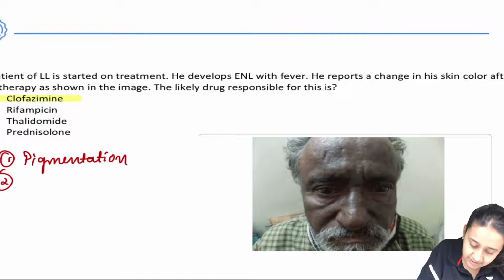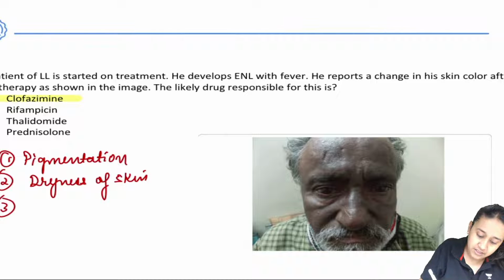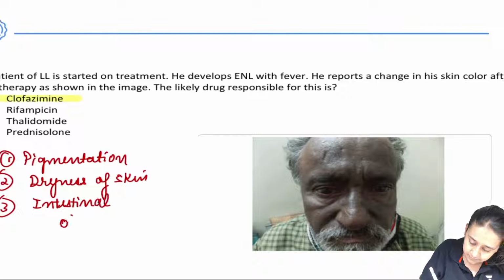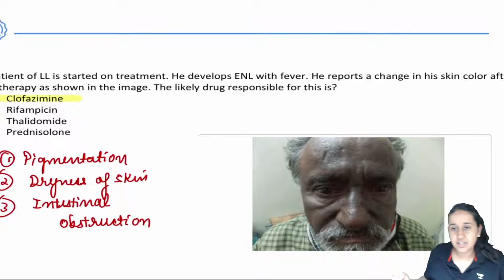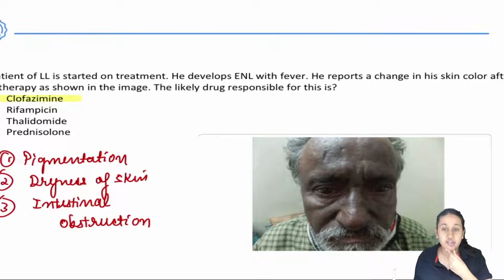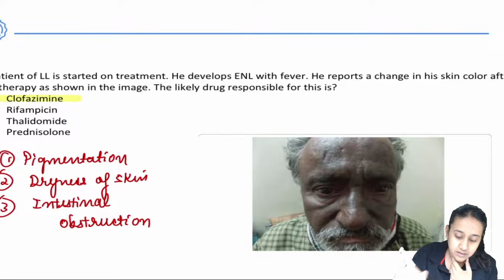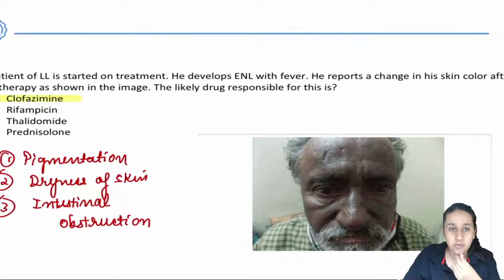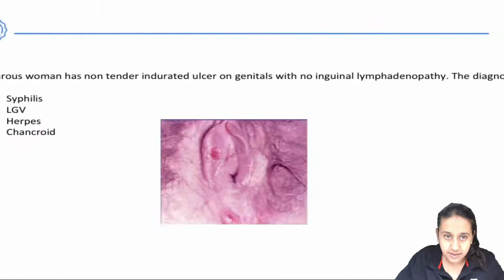You can even see dryness of the skin, and you can also see intestinal obstruction. So these are the side effects secondary to clofazimine therapy. Next question.